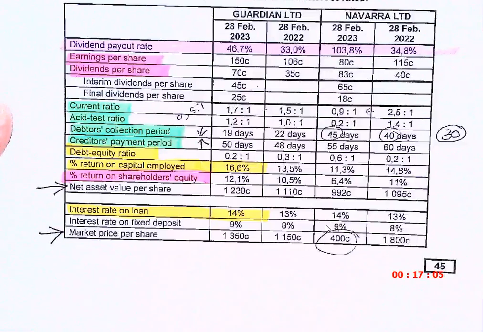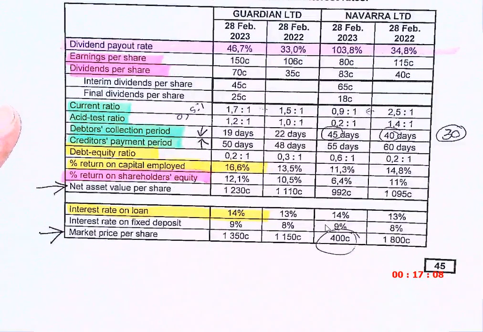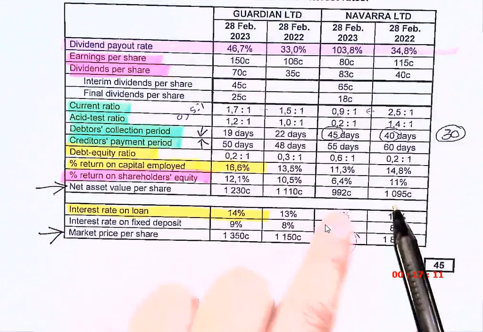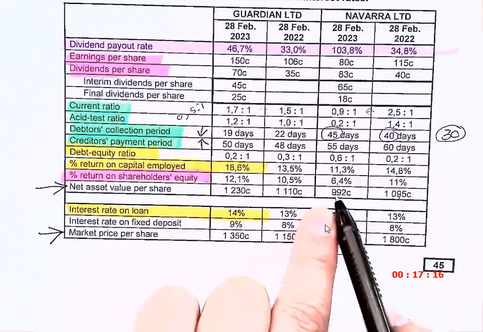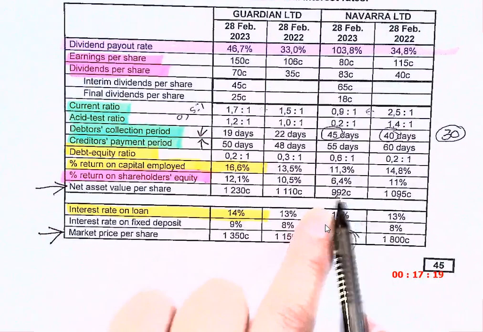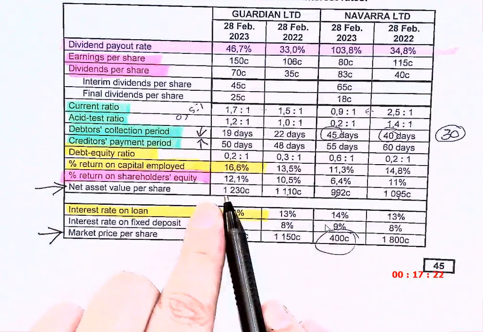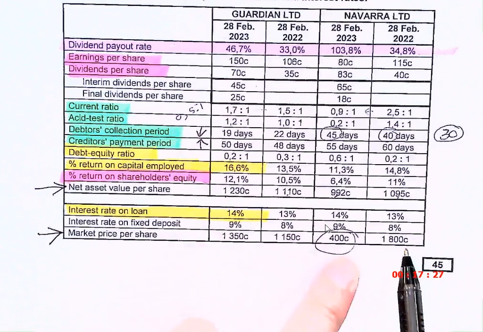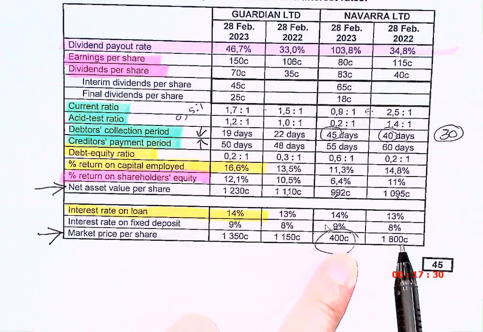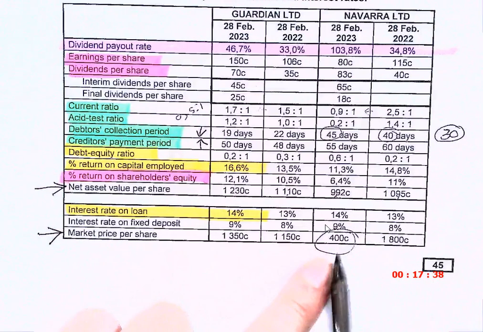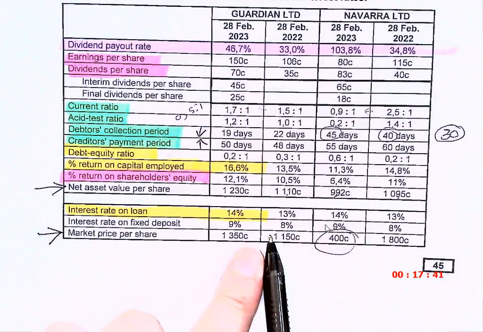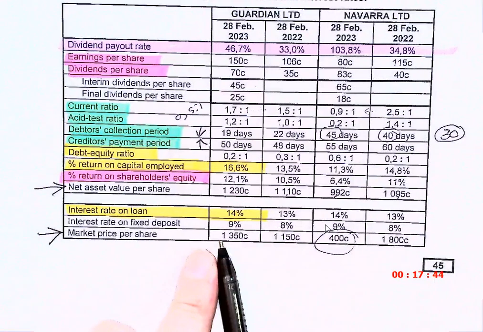So you can say Navara's net asset value decreased from 10 Rand to 9 Rand, whereas Guardian's increased from 11 to 12. Can you see Navara is not doing well? The market price for Navara decreased from 18 Rand to 4 Rand. The Guardian increased from 11 Rand to 13 Rand. Can you guys see that?